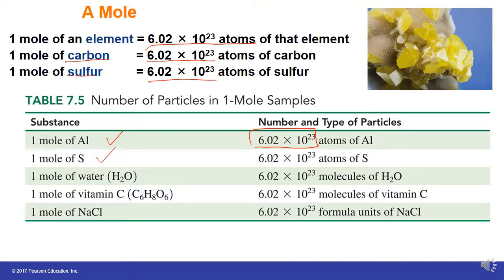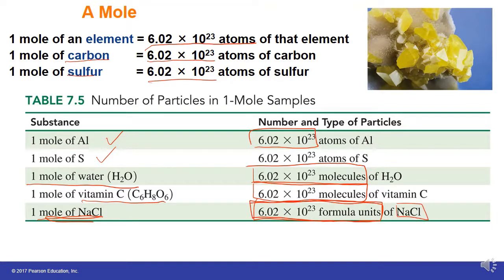I can also say that I have 1 mole of water, which means I have 6.02 times 10 to the 23 molecules of water. The same goes for a mole of vitamin C: I would have 6.02 times 10 to the 23 molecules of vitamin C. If I'm looking at a mole of sodium chloride, then I have 6.02 times 10 to the 23 formula units, meaning 1 sodium and 1 chloride ion per unit.